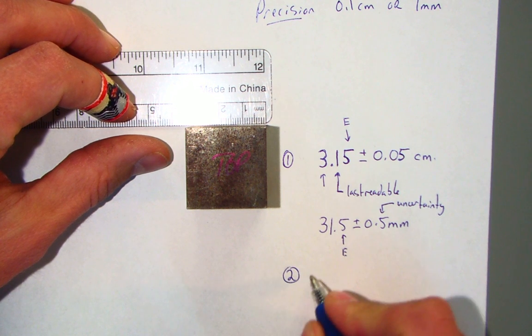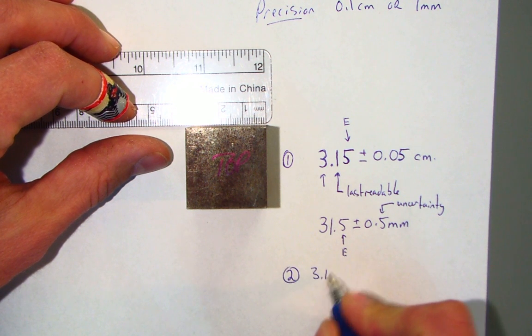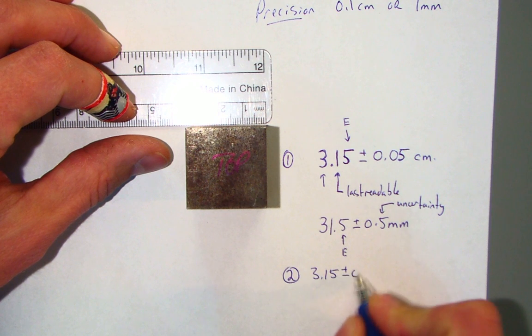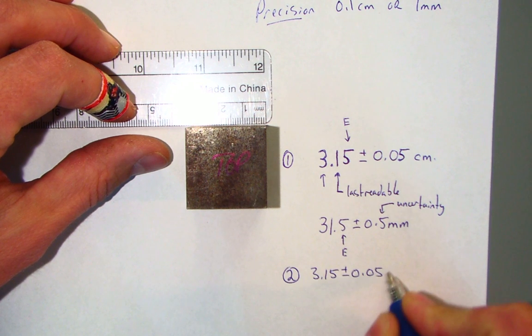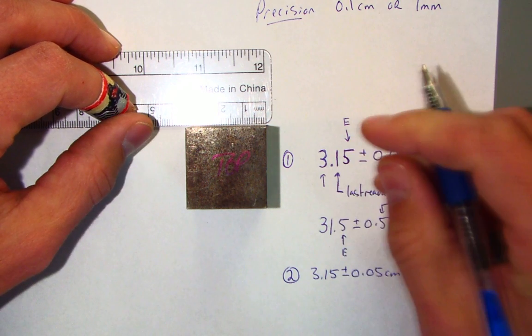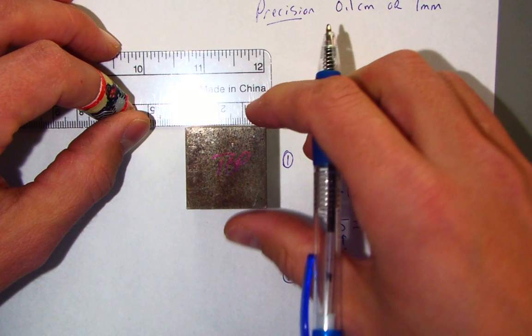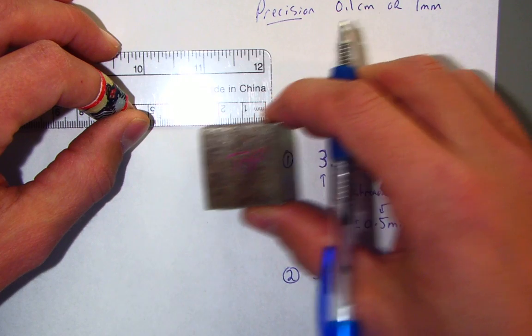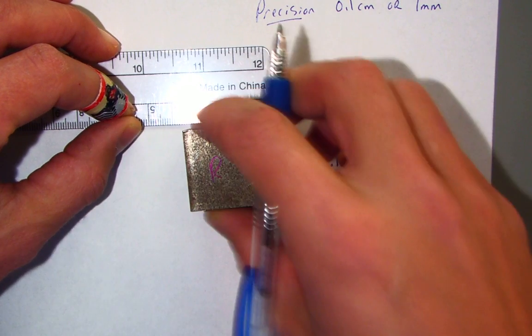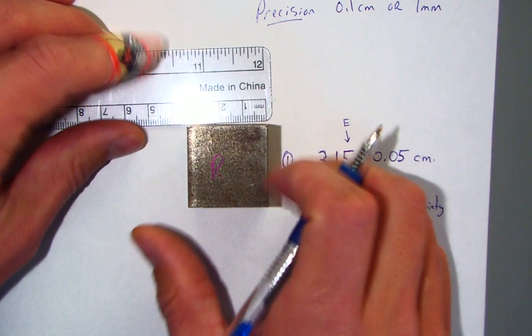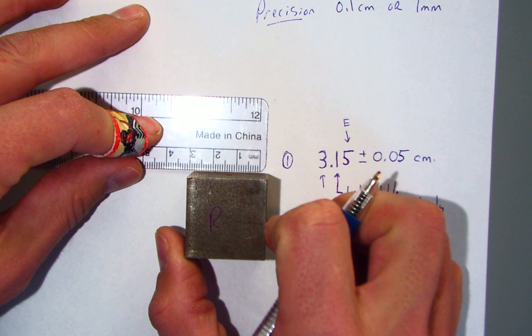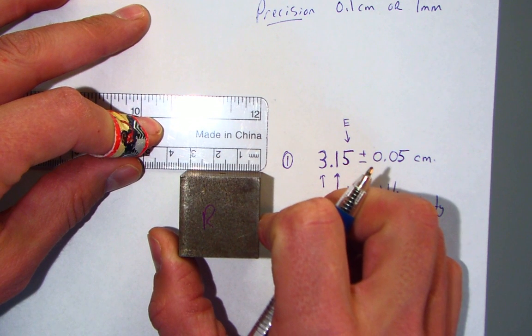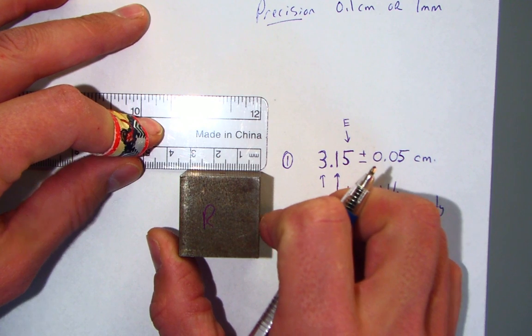Okay, so we'll write that down. And then, so we did this way. Now we need to measure the height. This looks like it might be a little bit different.